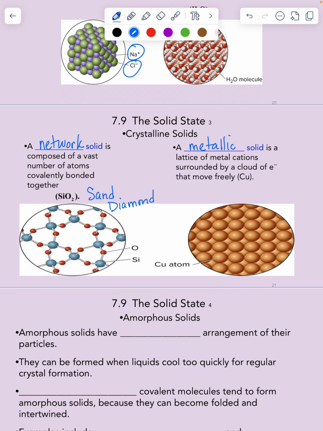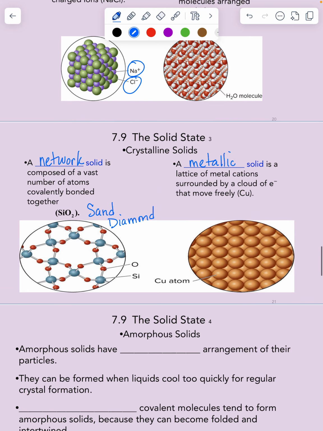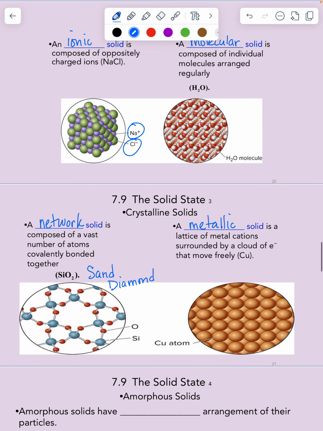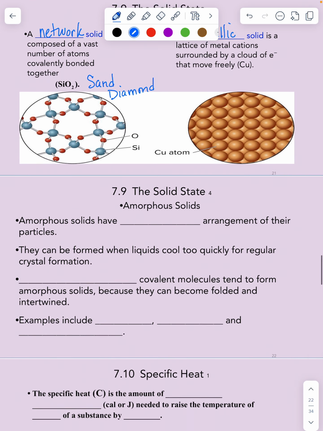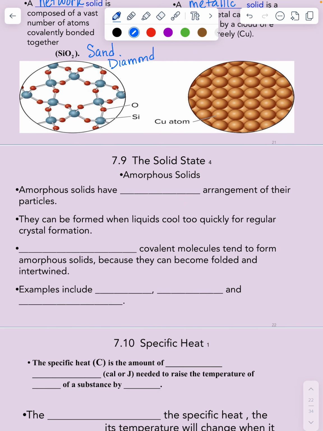Then we have our amorphous solids. And again, we are saying that they have no regular arrangement to them. They can be formed when liquids cool too quickly for regular crystal formation to happen. Very large covalent compounds tend to form amorphous solids because they can become folded or intertwined.